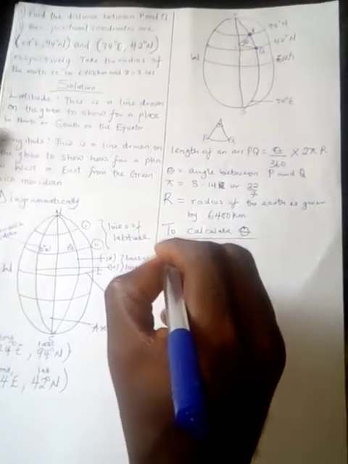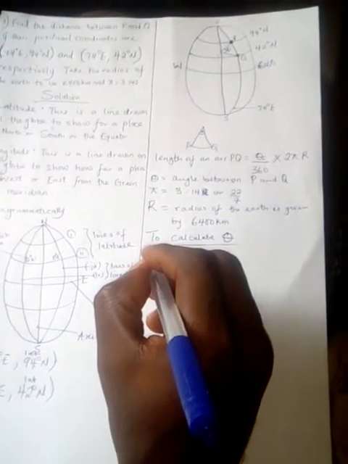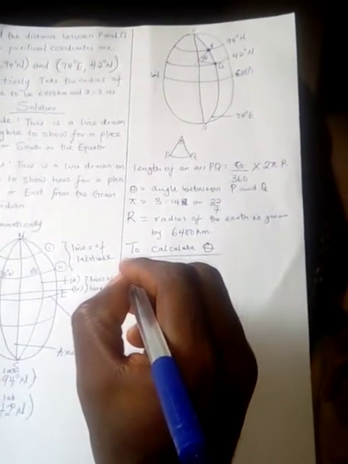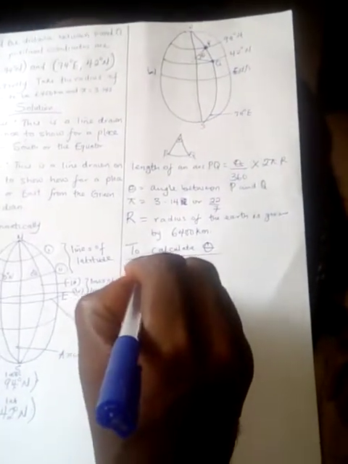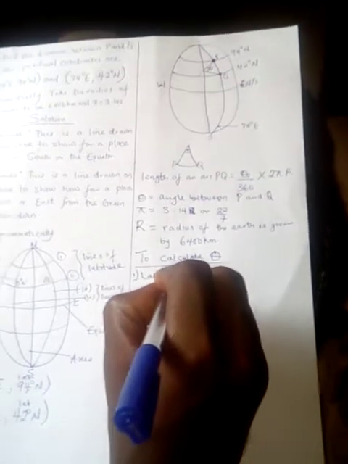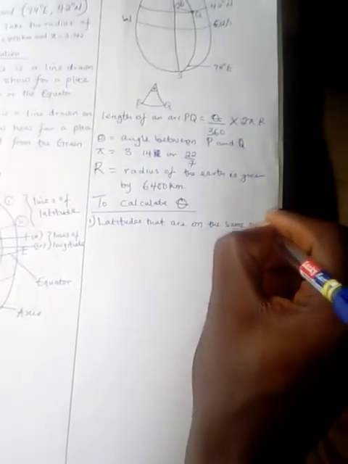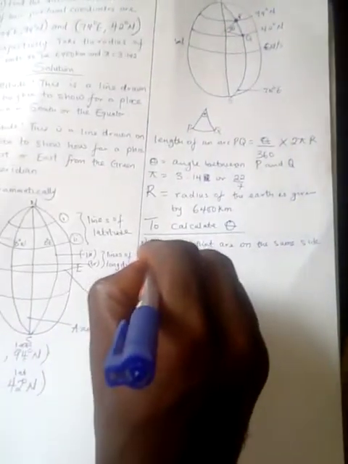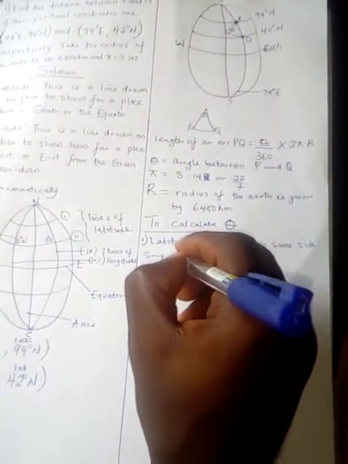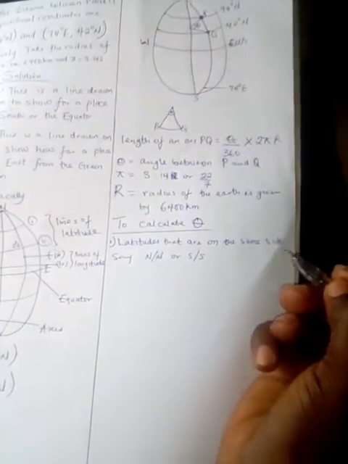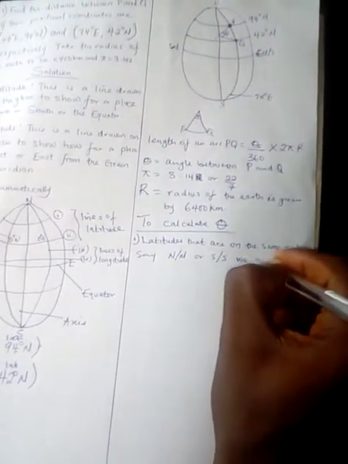The first definition is that latitudes that are on the same side, say north north or south south, we subtract.